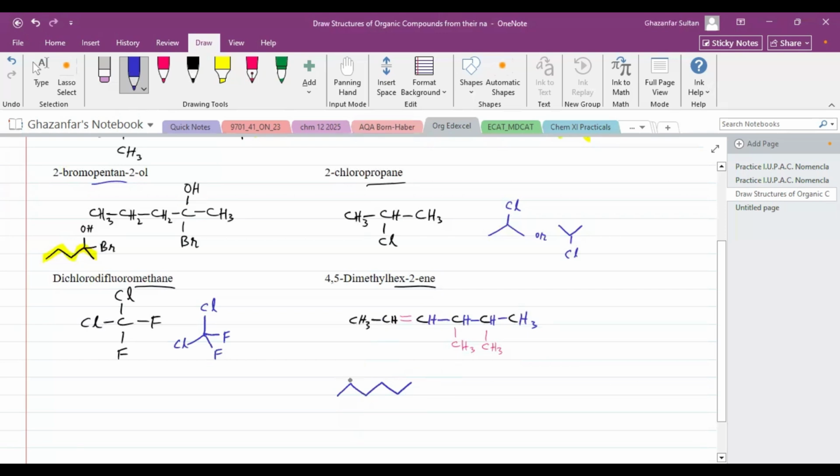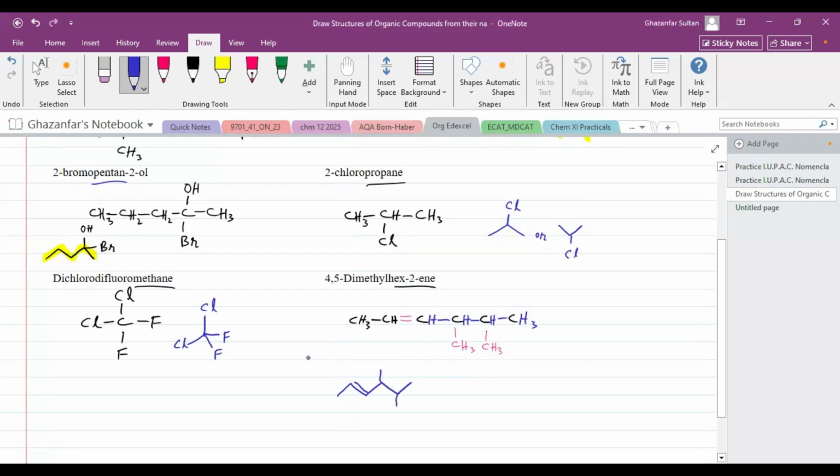A double bond is between the second and third position, so draw the double bond here. And on the fourth position there is a methyl group. Just draw a line like this. And on the fifth position as well, there is a methyl group.